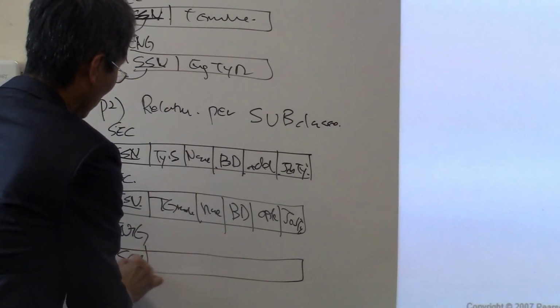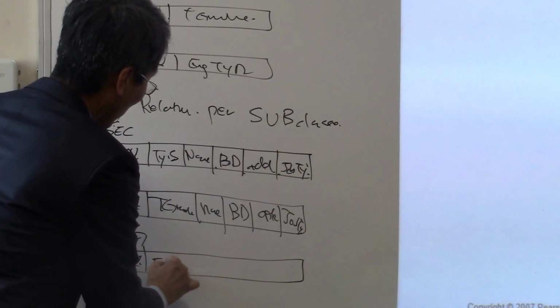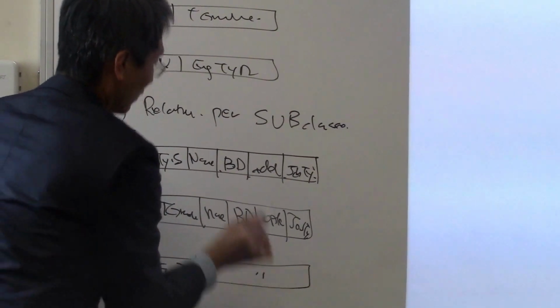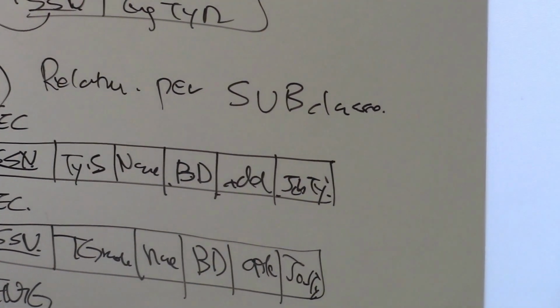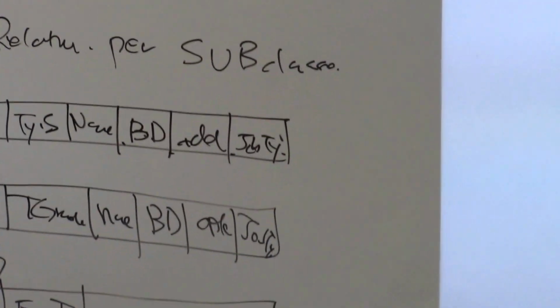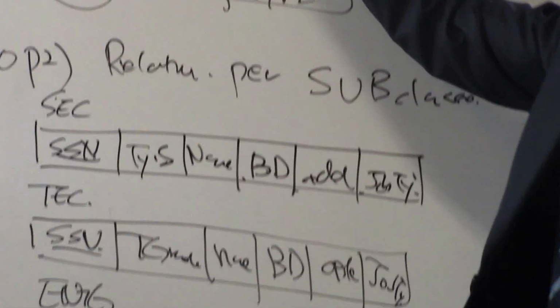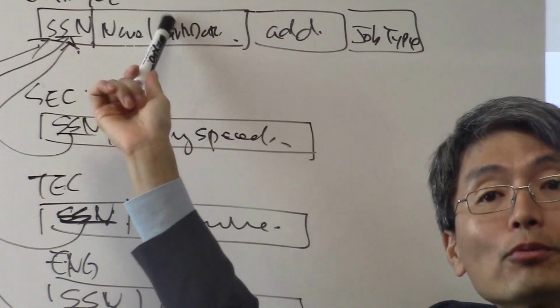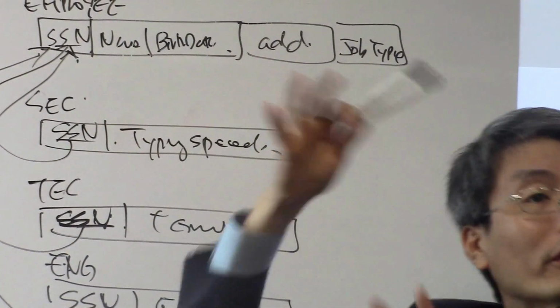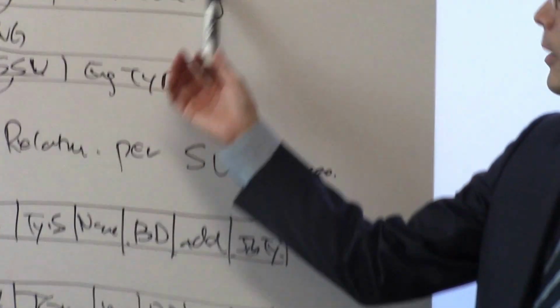SSN, engineer time, same thing. Okay? So this is the second option. What is the main difference? No relationship. This one has the employee superclass information separately. This one, no.